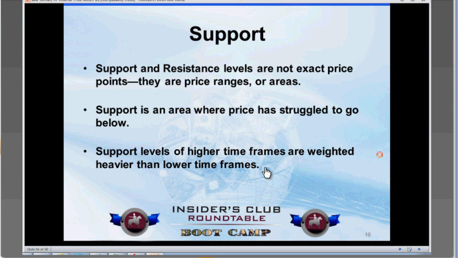Well, let's talk a little bit about support. Support and resistance levels are not exact price points. They are ranges or areas. What I've been able to do by using proprietary numbers is come up with what we call a cluster of numbers. These clusters of numbers are called our thermal grids. These thermal grids allow you to hide behind and have shortened risk available to you, which means you have smaller stop losses.